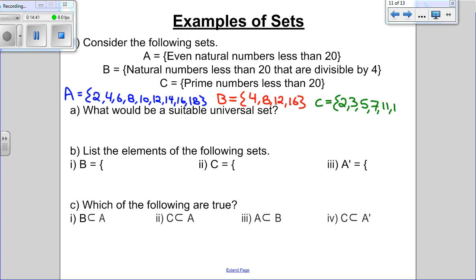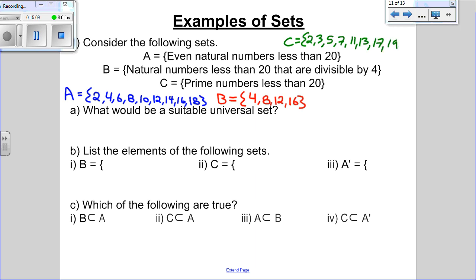Oh, the number 19 is also prime. So those are prime numbers less than 20.